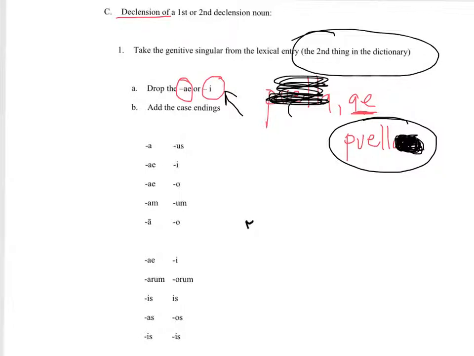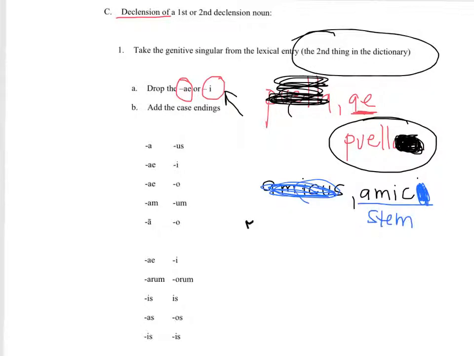If it's a second declension noun, for example, amicus, amici, again, I don't want you to take the first thing in the dictionary. I want you to take the second thing in the dictionary, and I want you to drop the -i. That will give you your stem, just like puell- is the stem for the first declension.